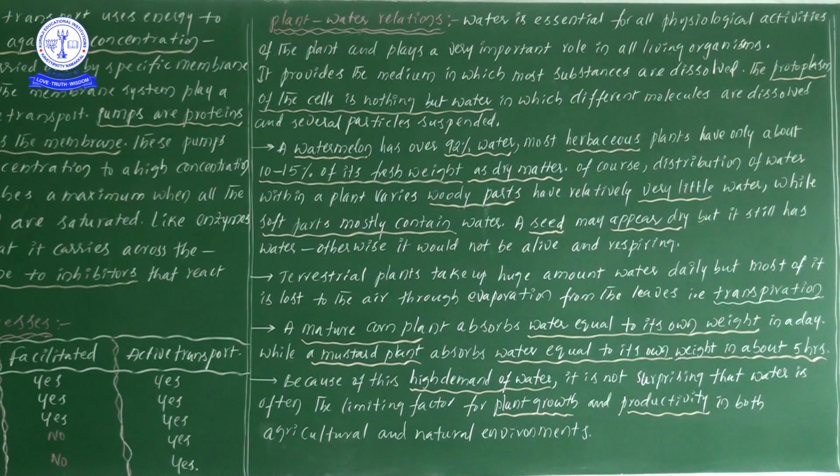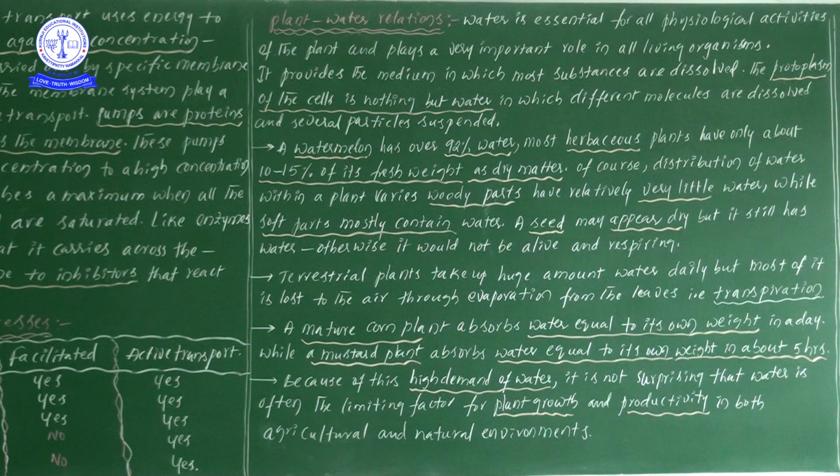Aerial parts means here we can see leaves only. So if evaporation of water is observed from or through the leaf, such a particular process our scientists term as transpiration. That is enough.